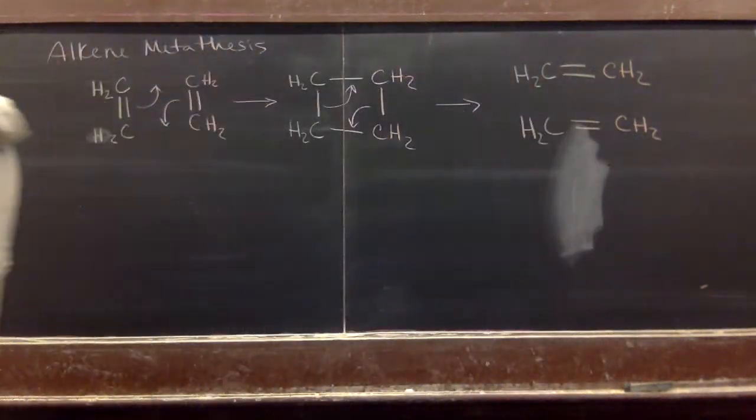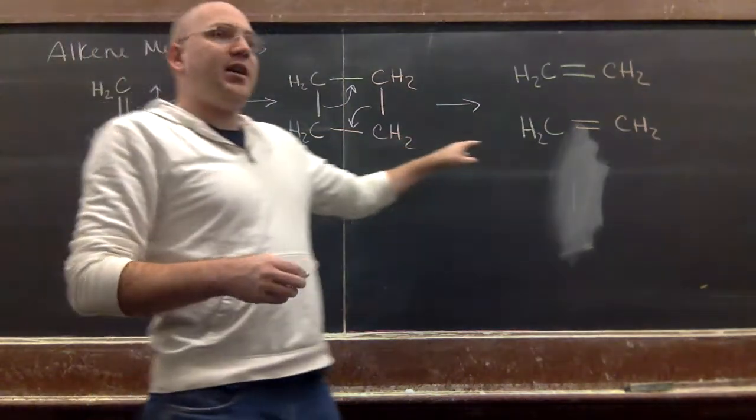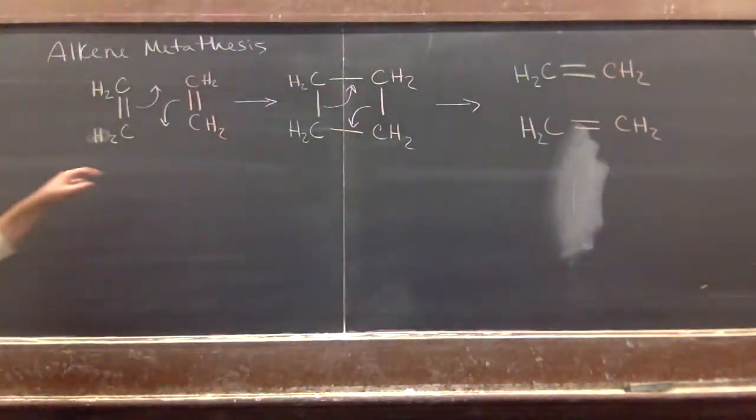As you notice, through this 2 plus 2, and then a retro 2 plus 2, the alkenes have swapped their partners.